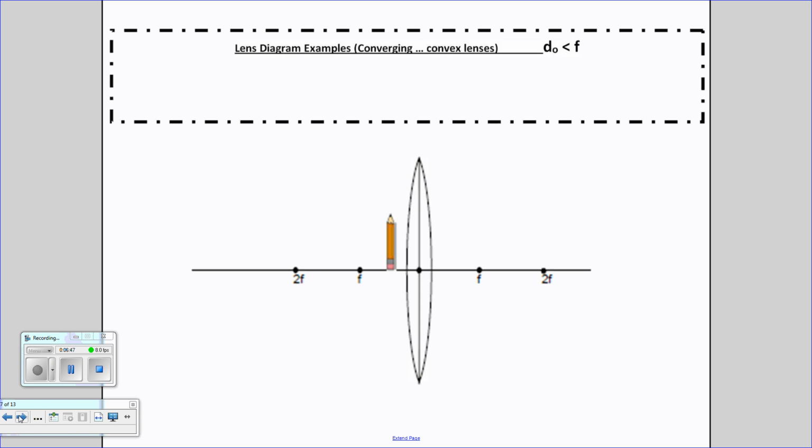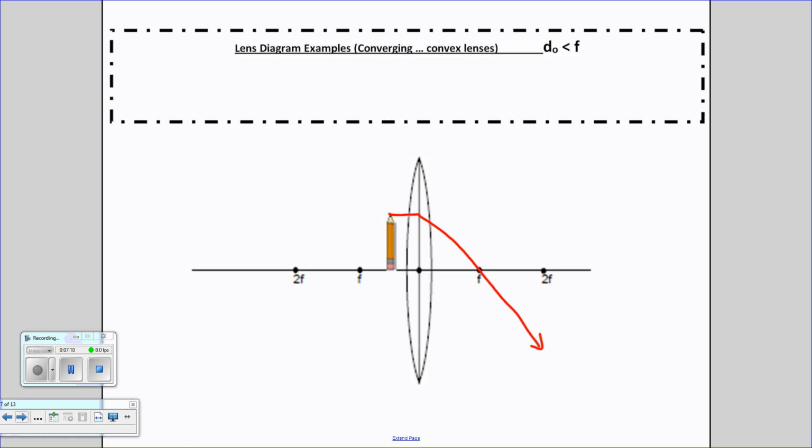Now, converging lenses also have another state, and that's when the object is closer than the focal point. So let's see what we do there. Line 1, in parallel, out through focus. Nice and easy, and usually the easiest of the bunch. Or maybe second easiest now, since we have that nice third one.